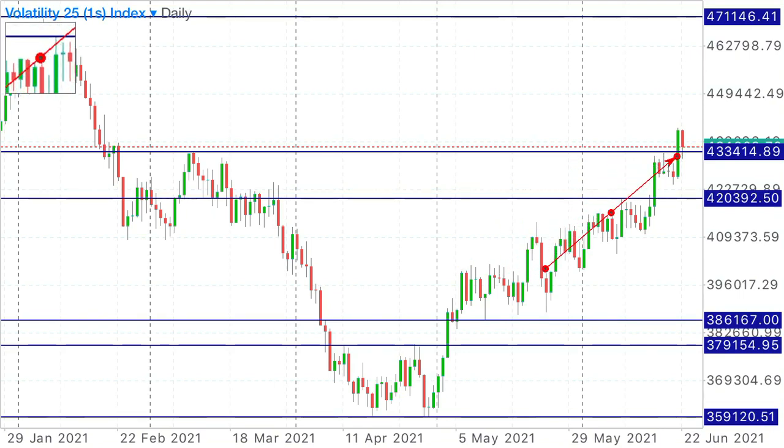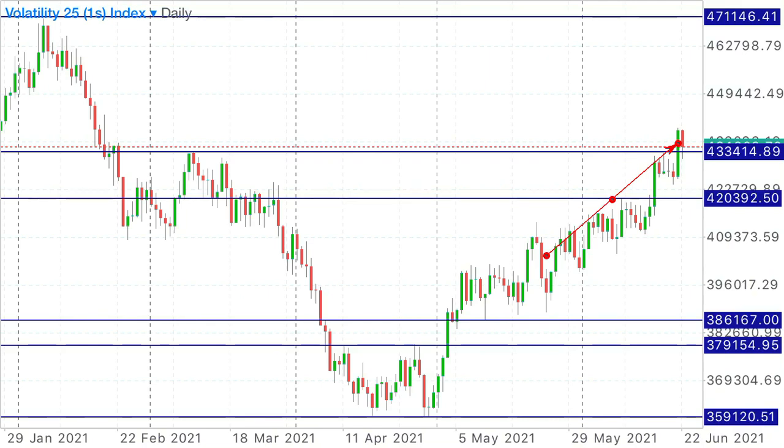Now it is our support level, because the previous daily candlestick, this arrow, managed to break above that resistance line. If a resistance line is broken, it is no longer a resistance, but it is now a support. And at a support, we look for buy opportunities.